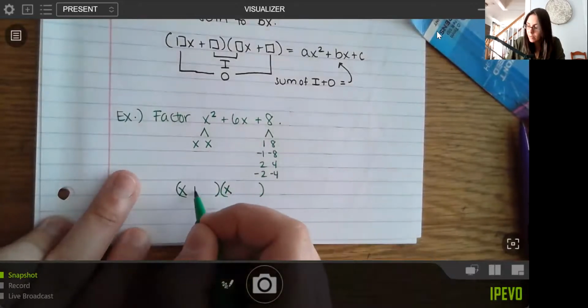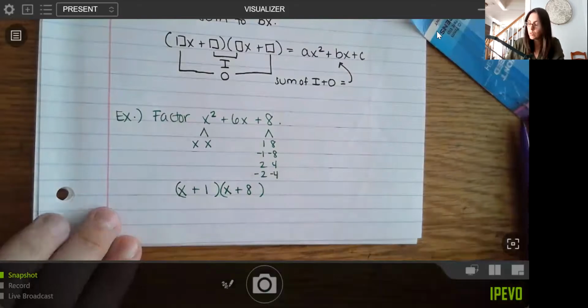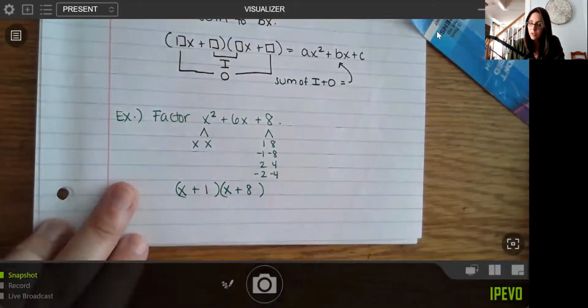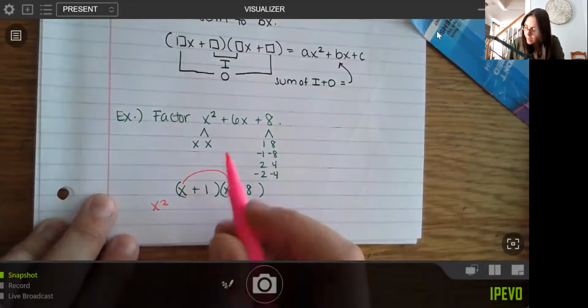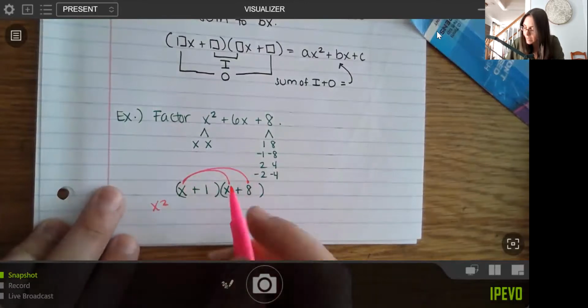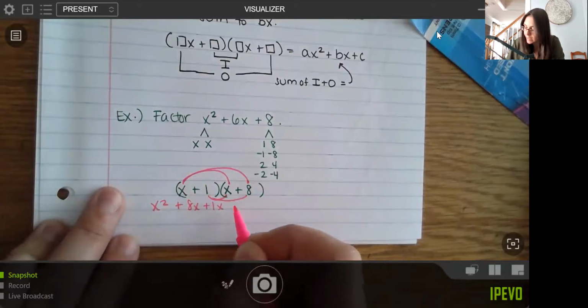It's +1, +8. And then what you do is you multiply this out to see if it matches. So x times x is x squared. x times 8 is 8x. Here, 1 times x is 1x, and 1 times 8 is 8.